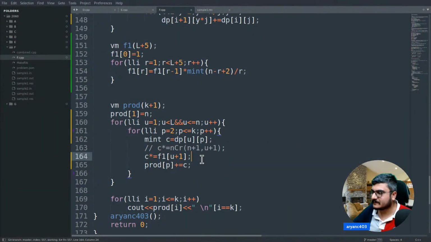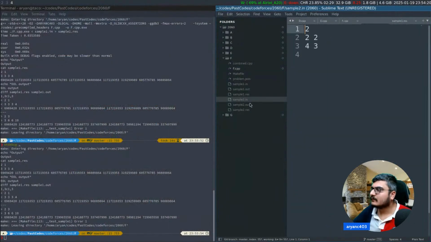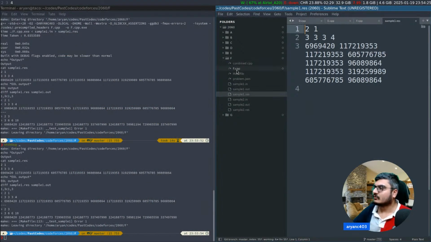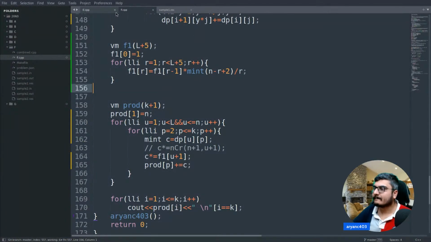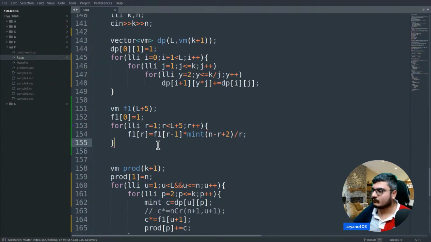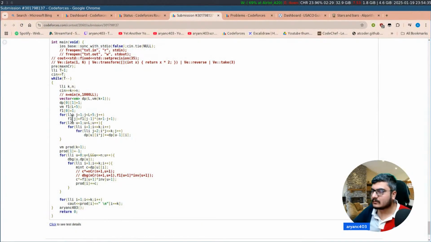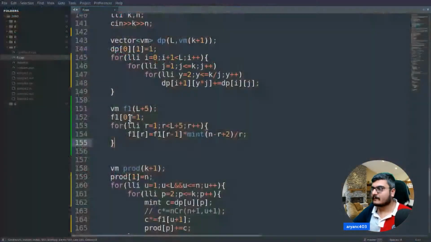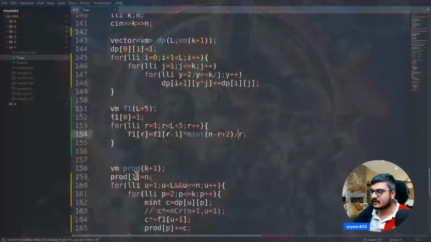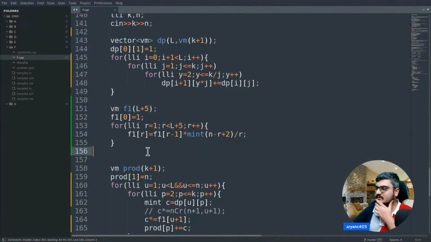U plus 1 looks fine. N plus 2 minus r. And for you need the inverse factorial of r only. This looks fine to me.